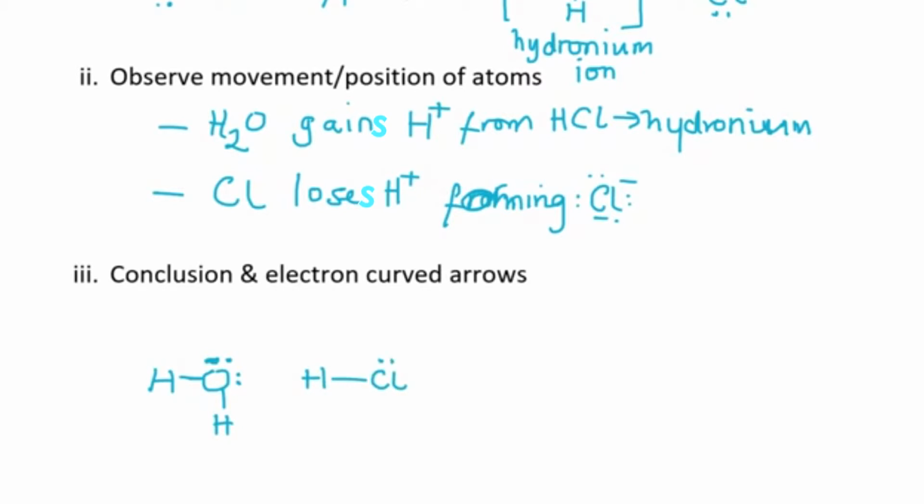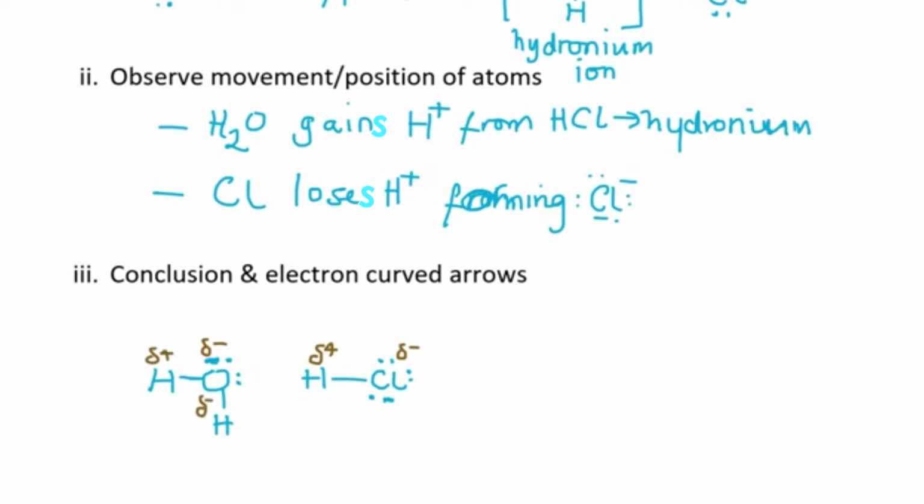This is caused by the charge or dipole moment that is present not only in the acid right here, but also importantly in the base, which is a Bronsted-Lowry base.